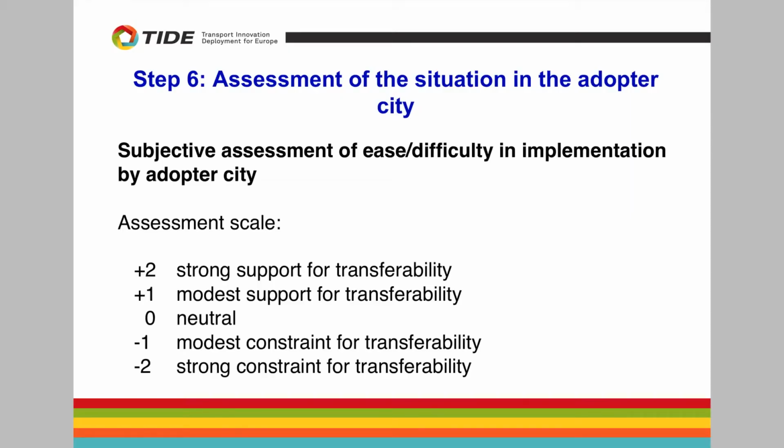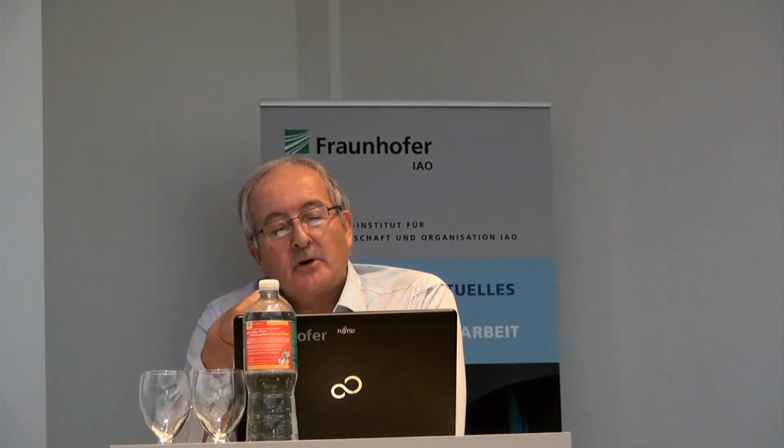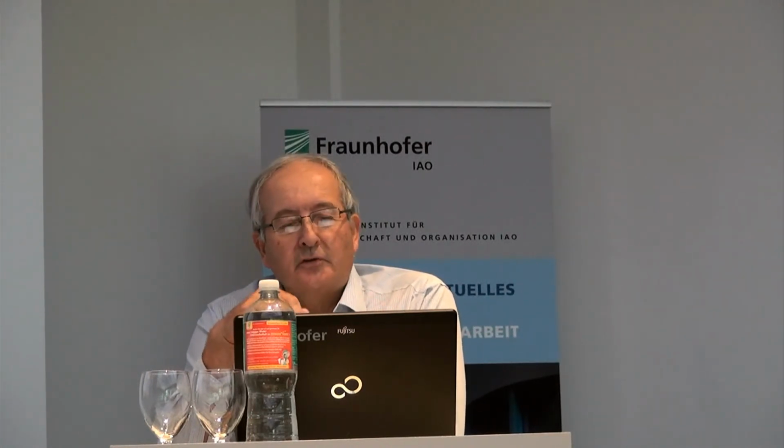And then we've got to, well, this again could be discussed, but it's trying to look and see for these components whether there really is a good case for transferability, or whether there is a modest or strong constraint. At this stage, we're probably more interested in the constraints. What could stop it happening?